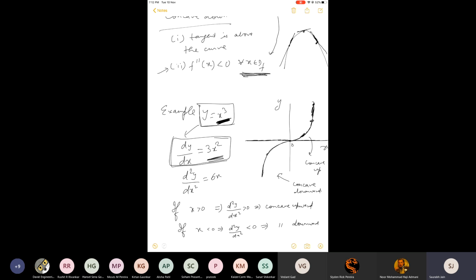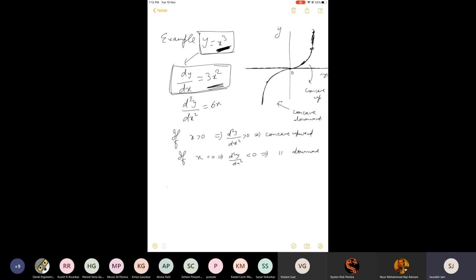Okay, that is important. F double dash x, its sign will decide whether the graph of the given function is concave up or concave down. And with this, I am writing the last point of today's class, point of inflection. And I told you that point of inflection can be calculated in three ways: either with first derivative test, no sign change; second derivative test, second derivative 0, third derivative non-zero; and finally, this is best.